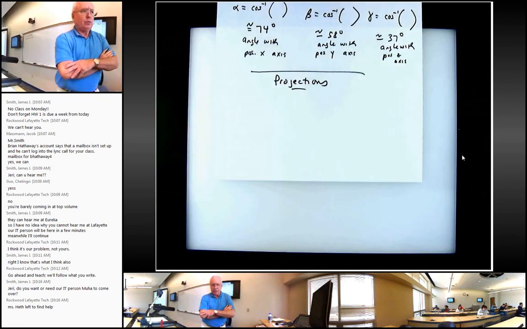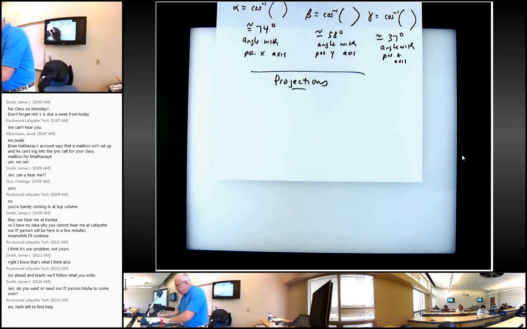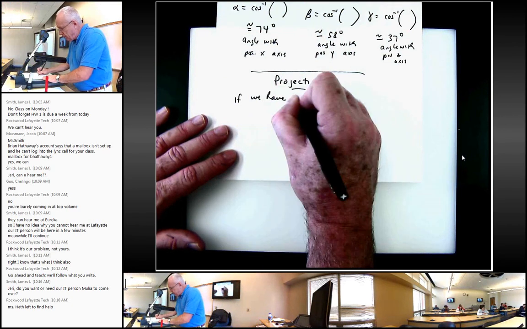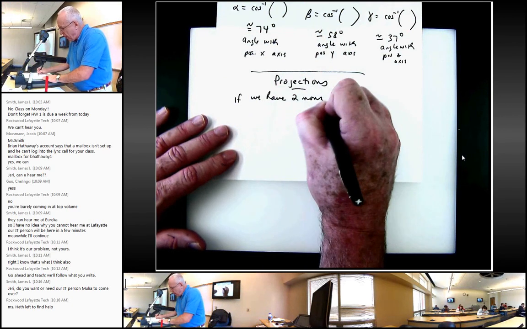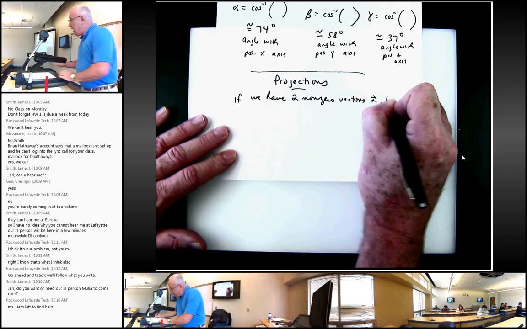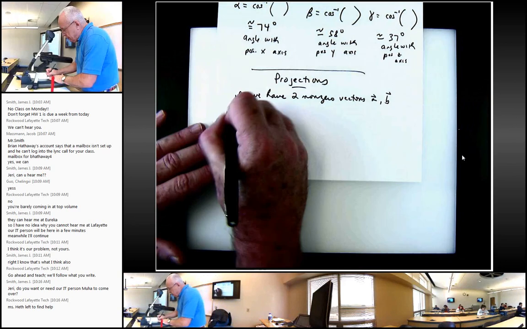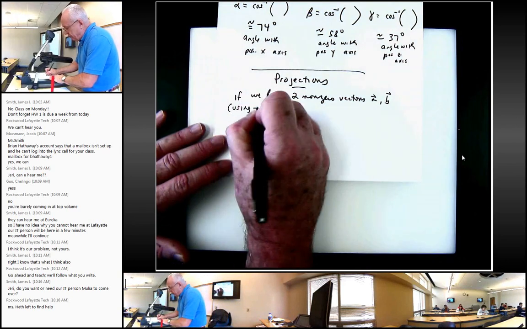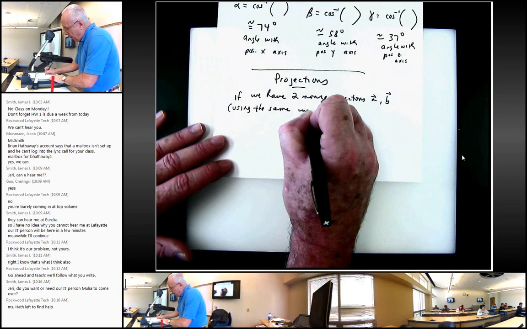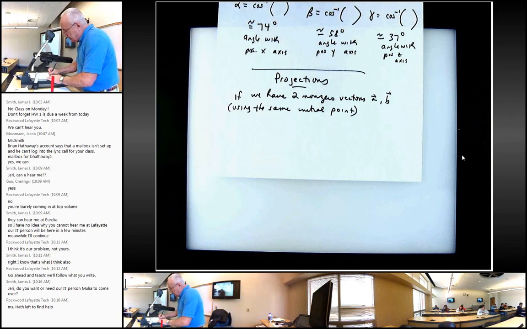Projection. If we have two non-zero vectors, we'll call them A and B, and let's put their tails together, using the same initial point. Let's draw a little picture here.